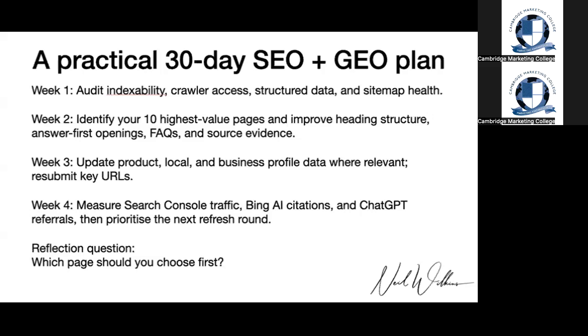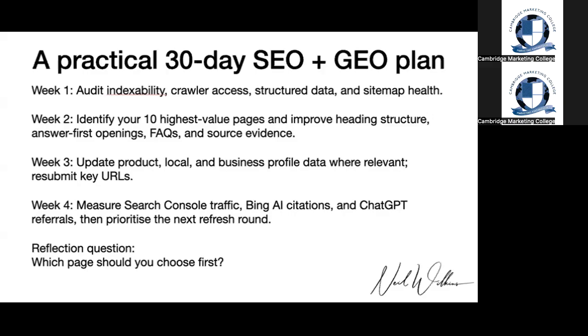Go into your website, look at your site settings and the criteria that you have set up to make sure that that front door is open to the agents and to the search crawlers. Because if it isn't, that is possibly one of the reasons why you're not seeing a huge amount of AI traffic, for example: the front door isn't open.